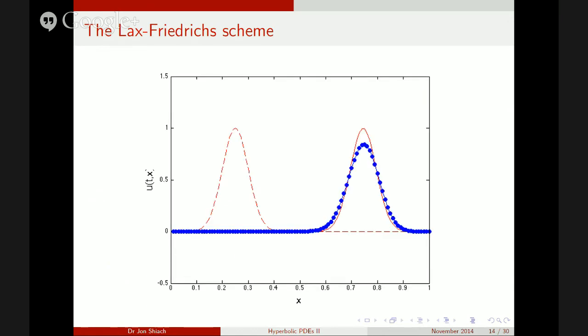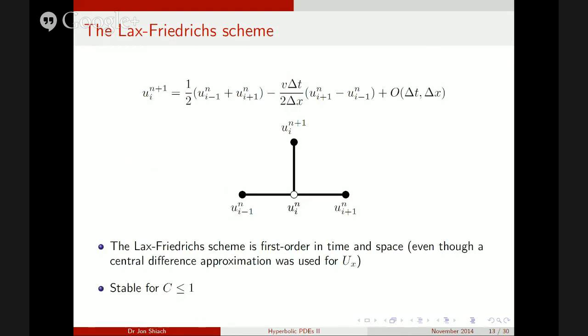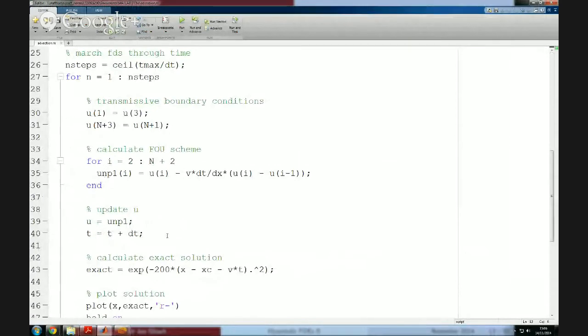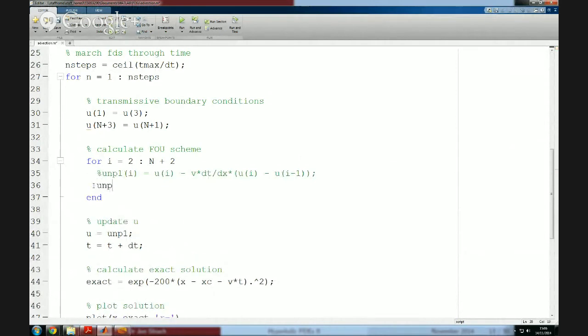What I might do is edit our MATLAB program to calculate the Lax-Friedrich solution as opposed to the first order upwind. As you can see, I'm not changing any other bits of the code, just a half times the node to the left plus the node to the right, minus b times dt over dx, oh, 2dx, isn't it?